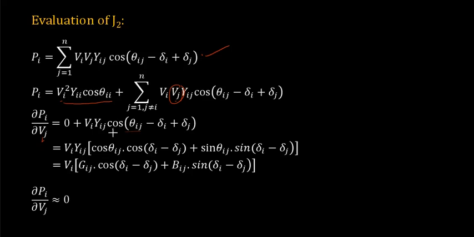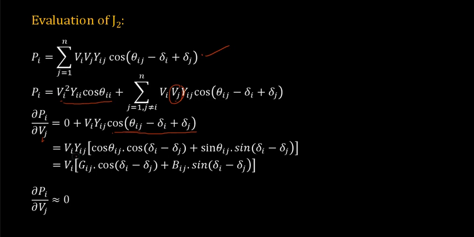This can be expanded using the cos(a plus b) expansion. Once you do the expansion, you will have Vi Yij [cos theta ij cos(delta i minus delta j) plus sin theta ij sin(delta i minus delta j)]. This is cos A cos B plus sin A sin B.